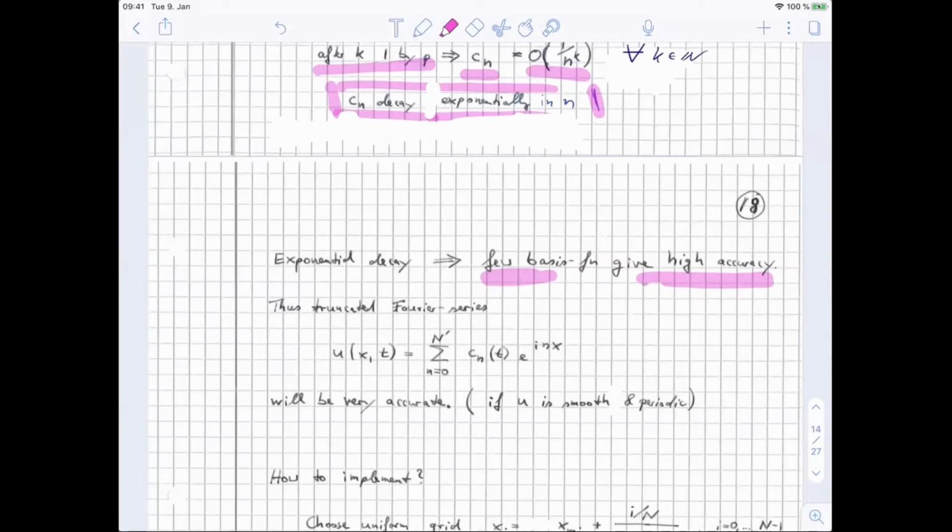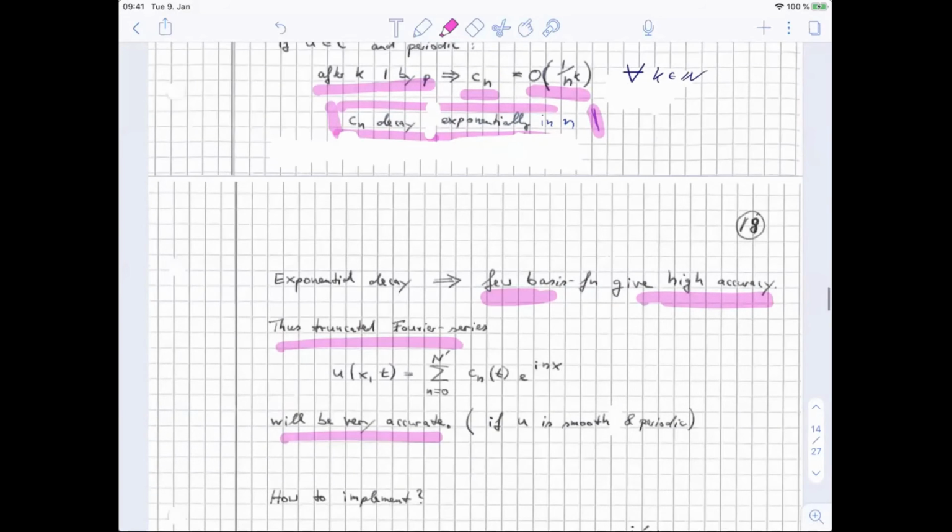And that means the truncated Fourier series will be very accurate. And so this is the underlying idea of spectral methods, that one expands in suitably smart basis functions to gain from this exponential convergence.